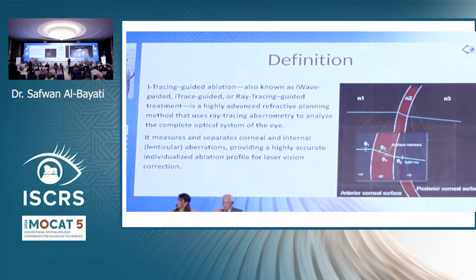So they were one step in front of us, but that step is a mathematical step, until ray tracing technology appeared to be more reliable to be connected to our laser machine.